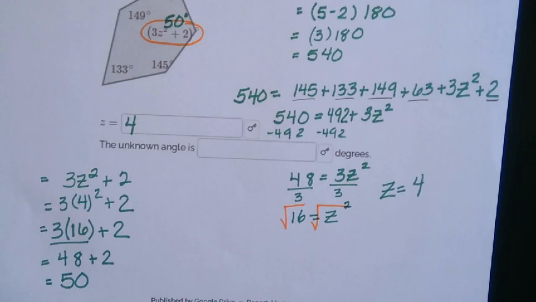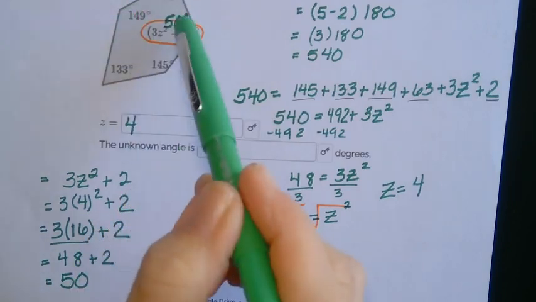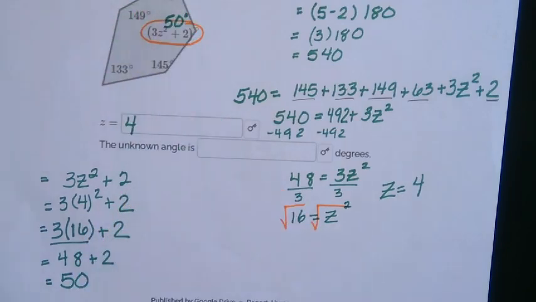Okay, so before I finish here, what I want to do is take all of these numbers, all of my angles that I now know an actual degree for, and add them up. If I add them up, they should equal 540 degrees. So check that. Put them in your calculator and check and see if they do equal 540 degrees or not.